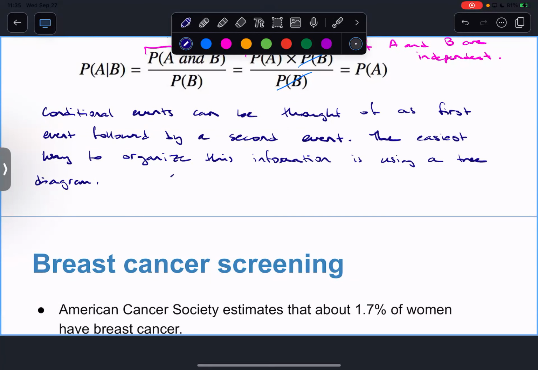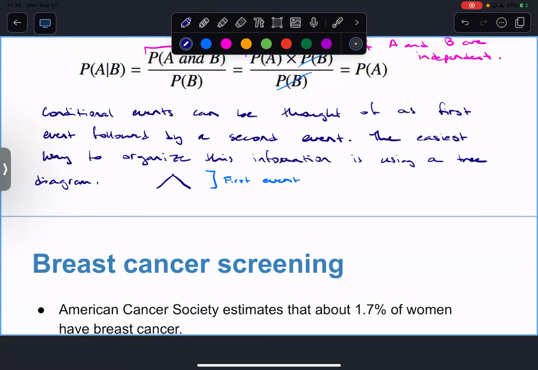I like to do it like this. This is the first event. If the first event has 2 possible outcomes, I could have more than 2, but it makes my tree really big. So for illustration, I'm only using 2 possible outcomes for the first event.